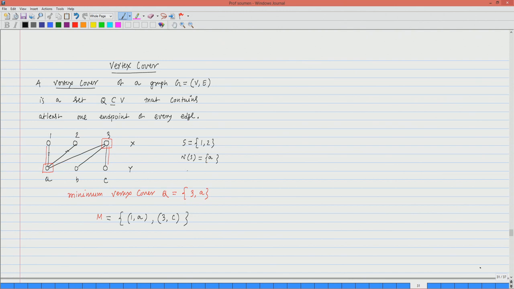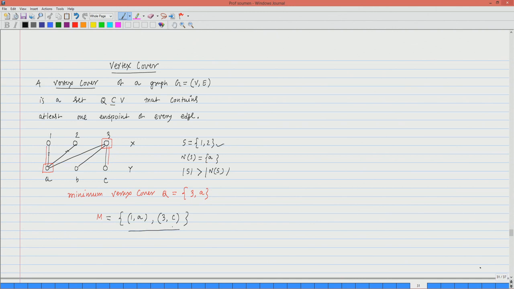So, here you can see that the cardinality of S is greater than the cardinality of N(S) for this S. So, the condition of Hall's theorem is violated. So, you can't get a perfect matching or an X-saturated matching here. That also says that there can't be a matching of size 3. So, this is the size of the maximum matching, and this is a small example. It is not difficult to observe that this is the size of the maximum matching.